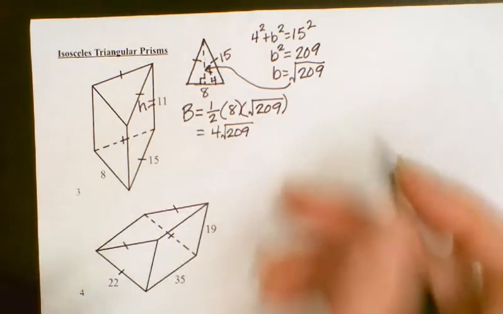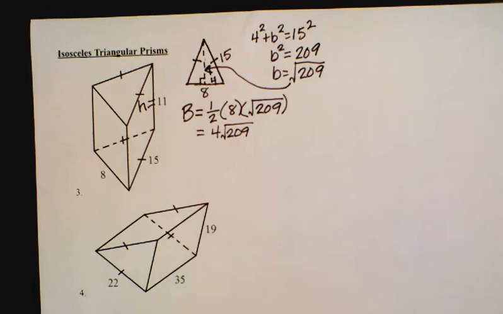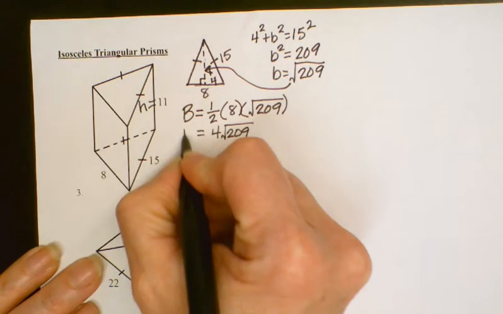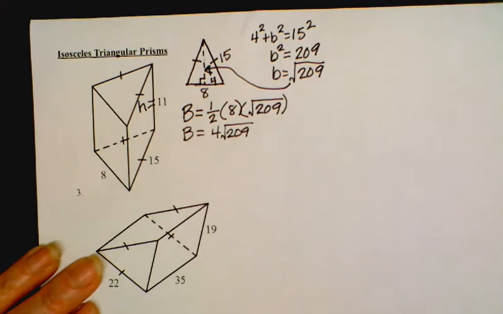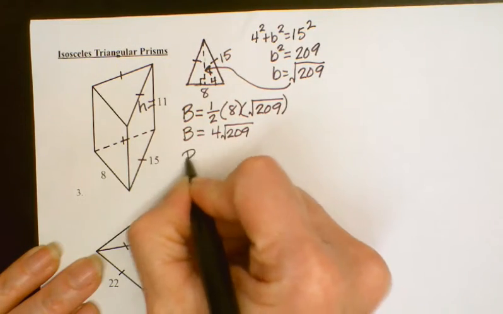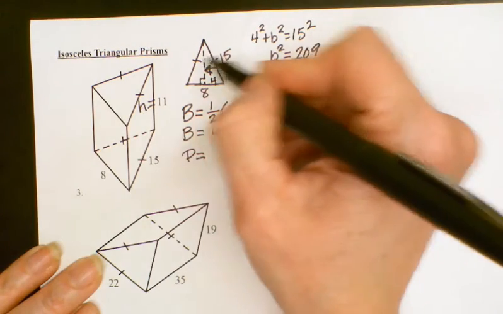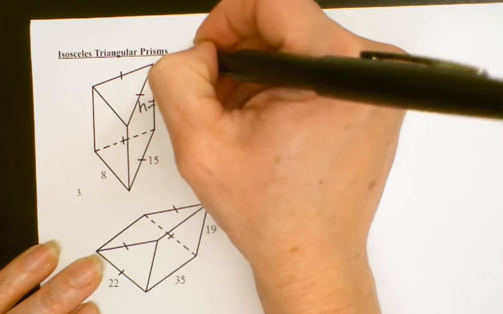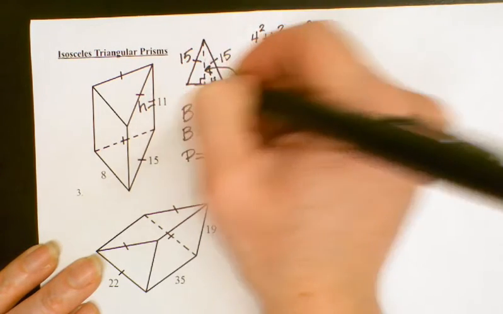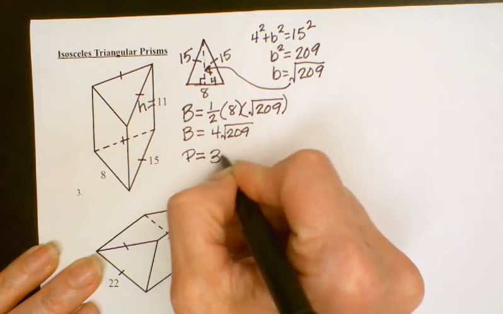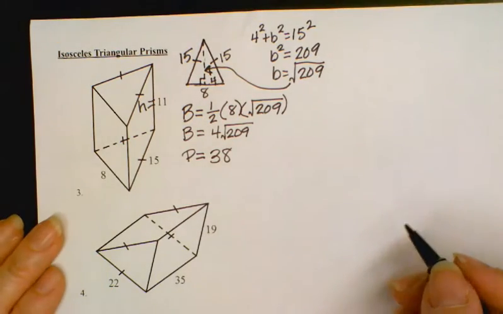But for now, I'm just going to keep it in that exact form instead of making it a decimal form. So this is our value of capital B, the area of the base. Now we want to determine the perimeter of the base by adding all those side lengths together. We know that both of these segments have to have a length of 15, so that gives us a total of 30, plus the 8, 38 for the perimeter.